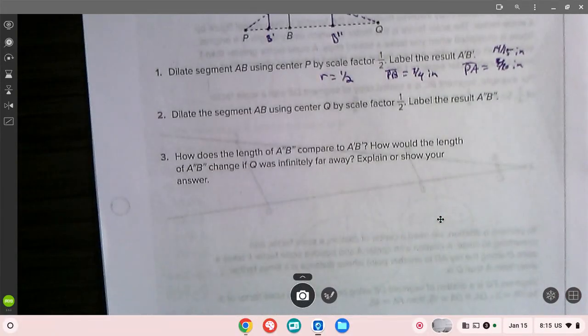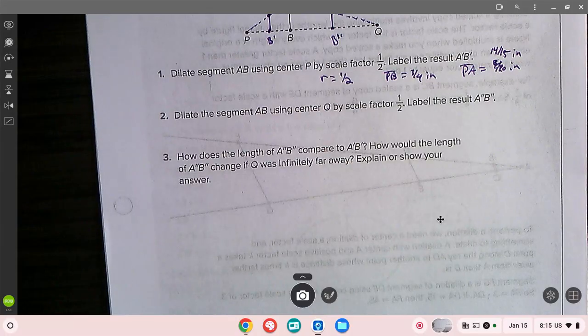So let's look at our last question. How does the length of A prime, B prime compare to A double prime, B double prime? How would the lengths of A double prime, B double prime change if Q was infinitely far away? Explain or show your answer. Half of infinite.